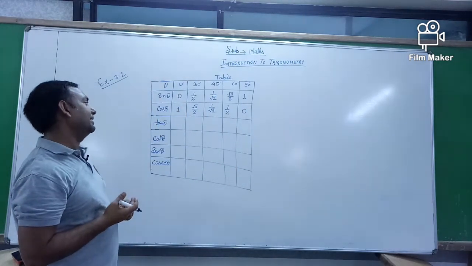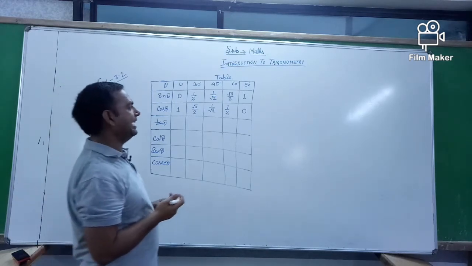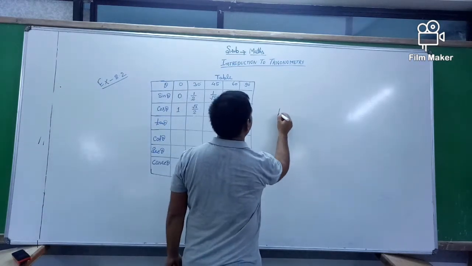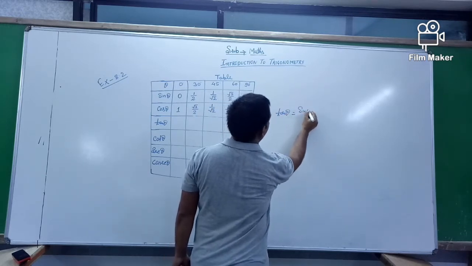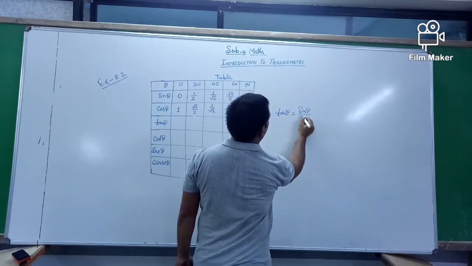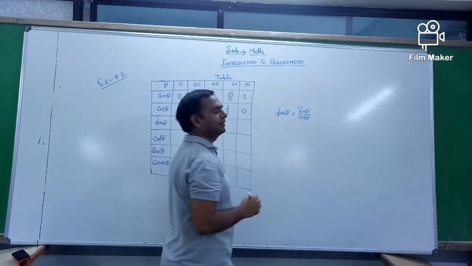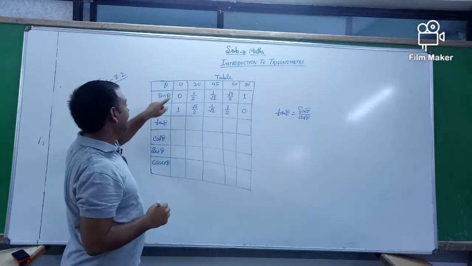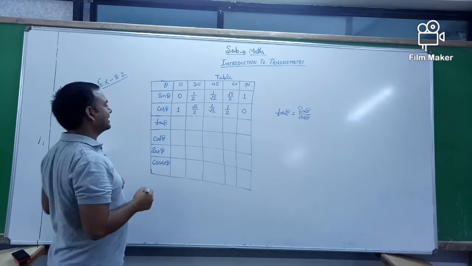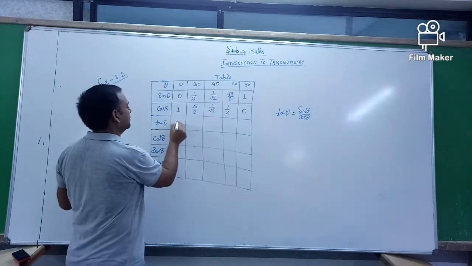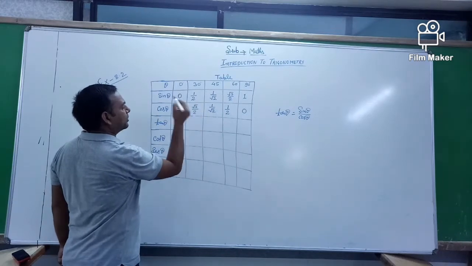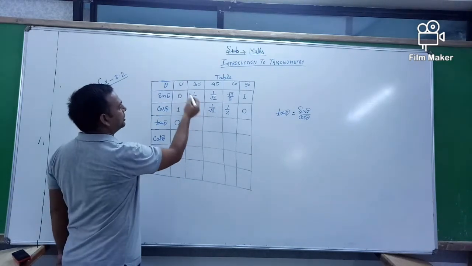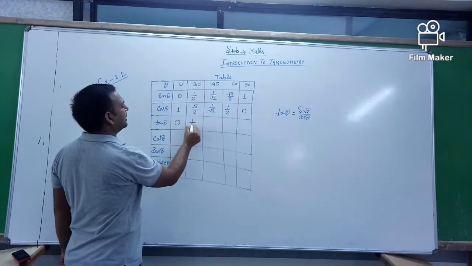After that, tan theta is equal to sine theta upon cos theta. Then you see that 0 upon 1 is equal to 0. Then 1 by 2 upon root 3 by 2; the 2 and 2 cancel, so this is 1 by root 3.